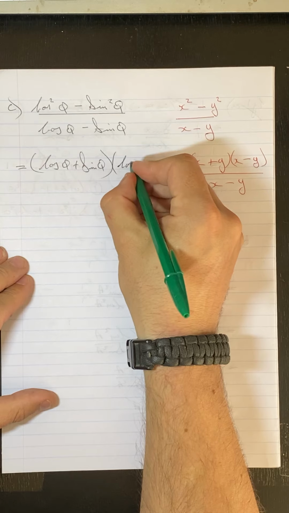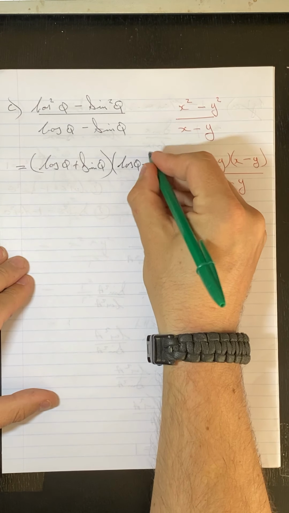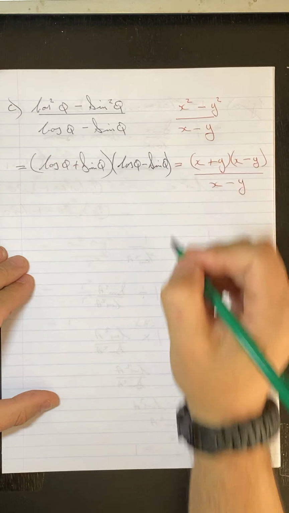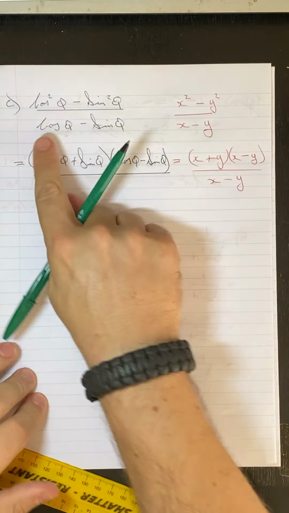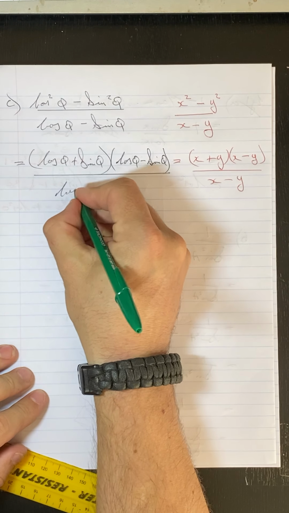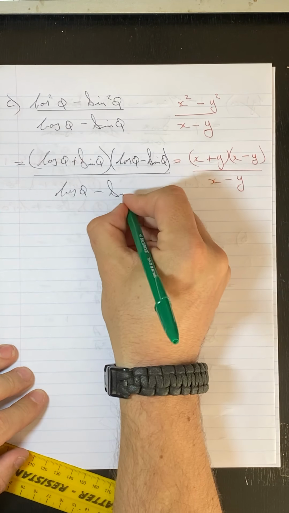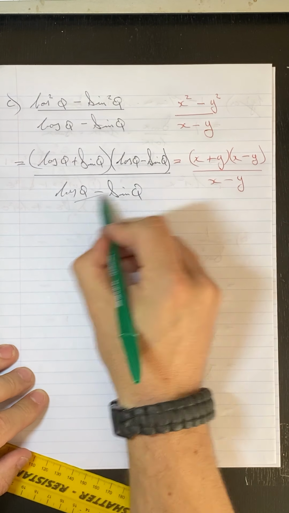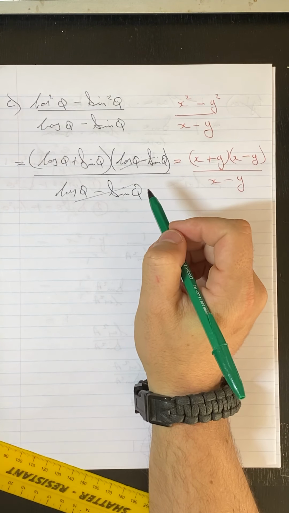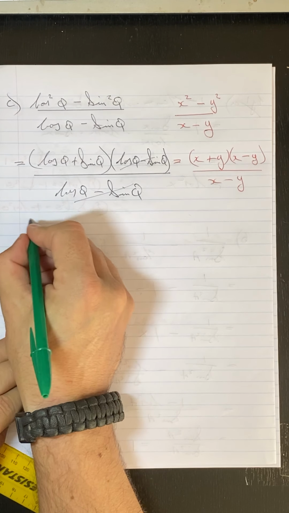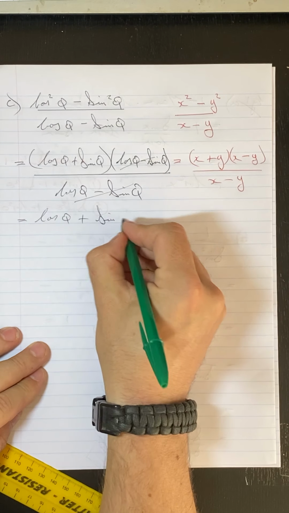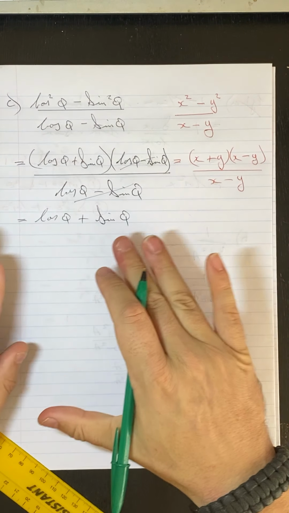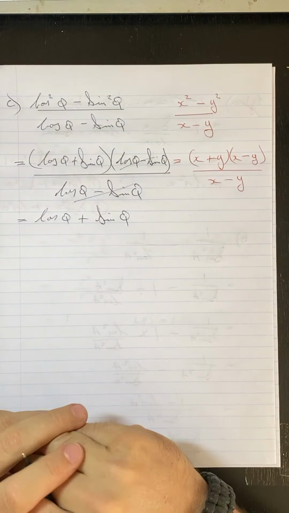So we have cos q minus sine q all over this cos q minus sine q. These will cancel, and you are just left with cos q plus sine q. All right, and we can't take that any further. That's as far as we can go.